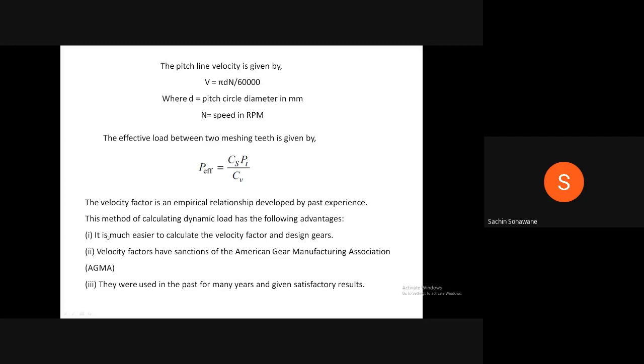First, it is much easier to calculate the velocity factor and design gears. Second, velocity factors have sanction of the American Gear Manufacturers Association. Third, they were used in the past for many years and gave satisfactory results.